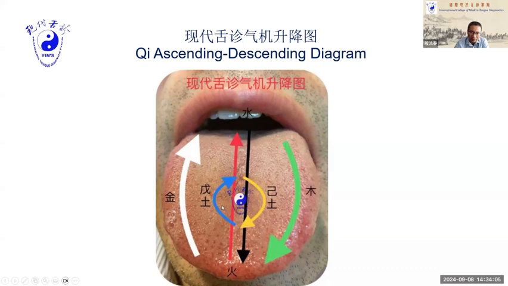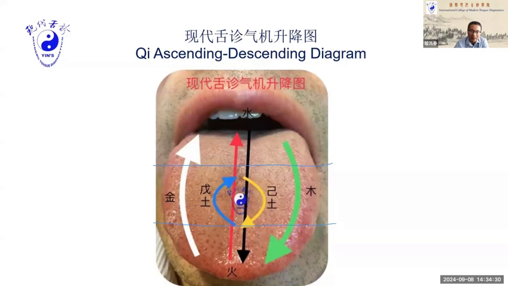In the middle jiao, there is 1 pair: the spleen and the stomach, mainly for the digestive system. The yellow arrow shows the spleen qi ascending, and the blue arrow shows the stomach qi descending.